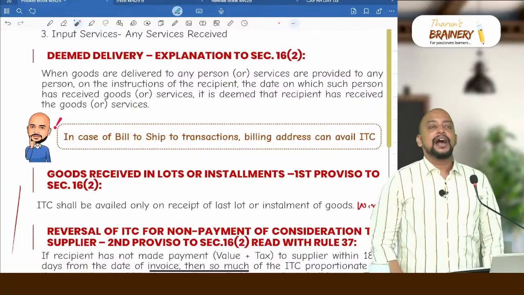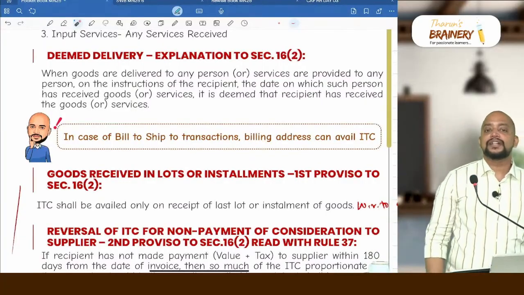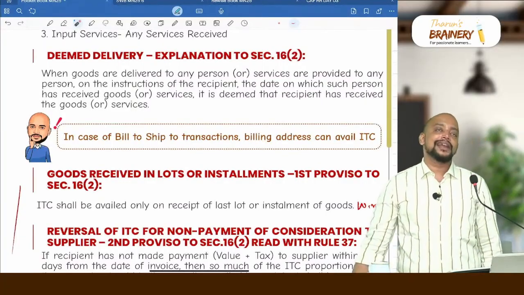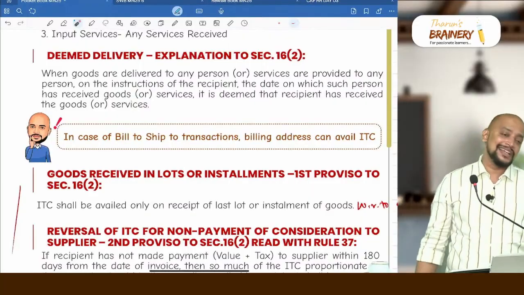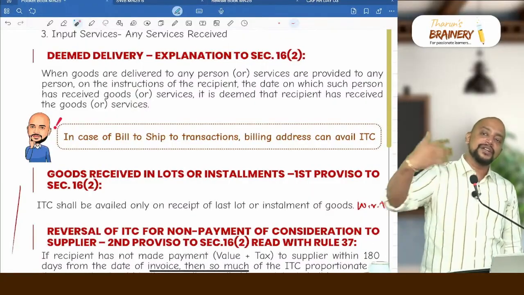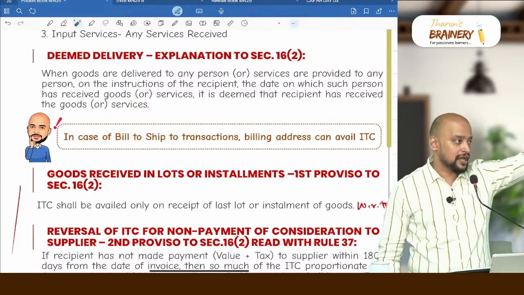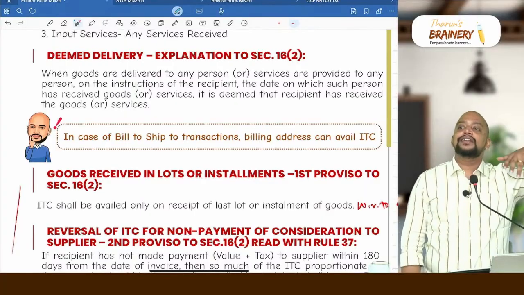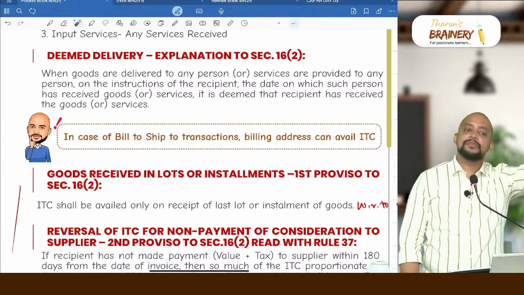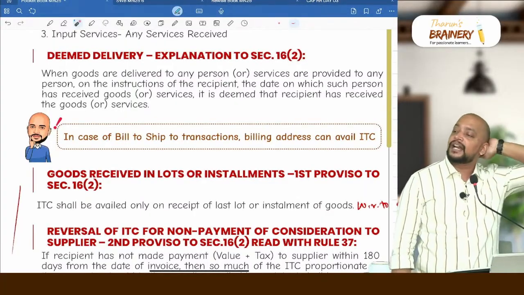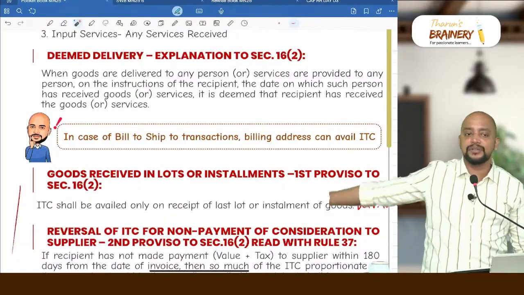And services also it will be applicable. For example, I am raising an invoice to your chartered accountant firm, but I have provided lectures to you. In that case, can your CA firm take ITC? Yes, because the date on which you received the services on behalf of the CA firm, the CA firm has received the services, so the CA firm can definitely take ITC under this deemed delivery concept.